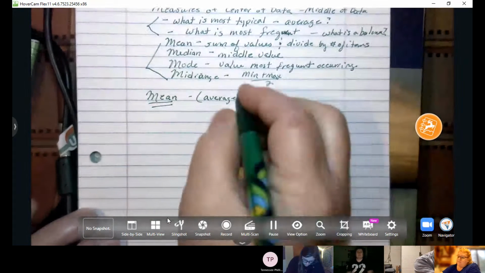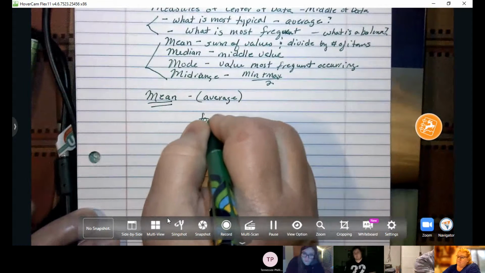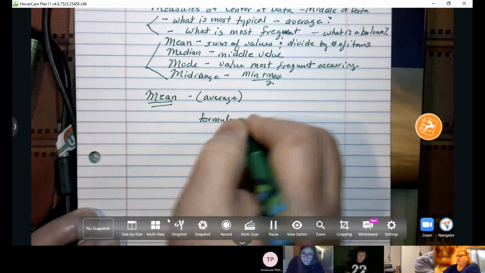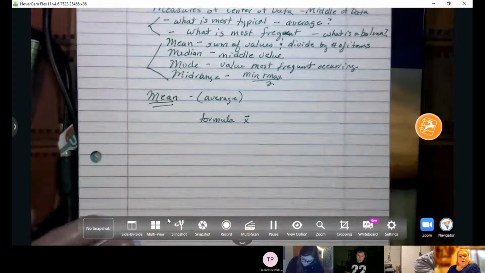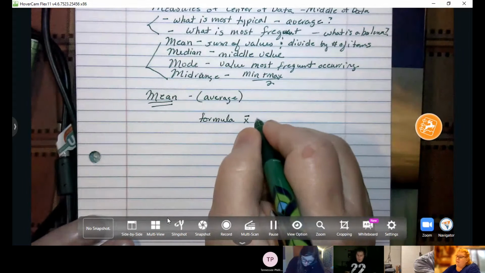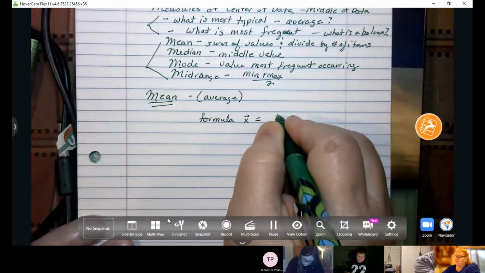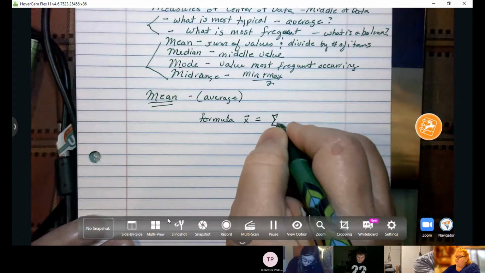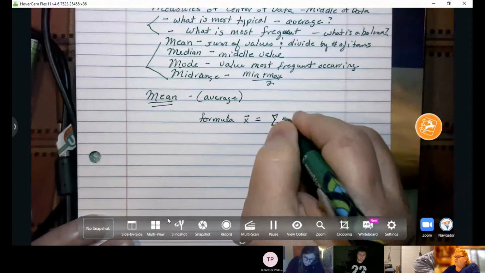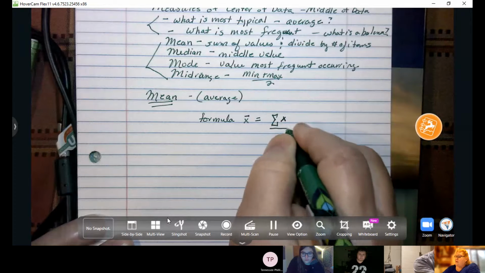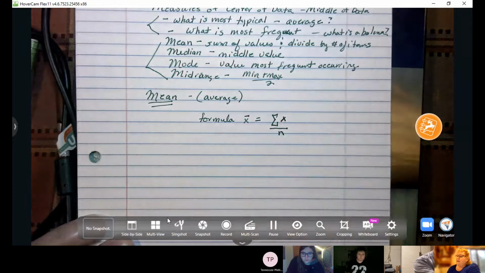The formula looks like this. We have x-bar equals this funny looking symbol, sigma, with a little x, divided by n.